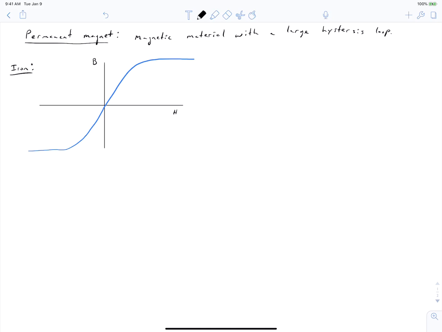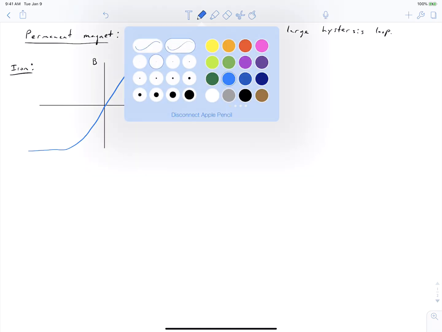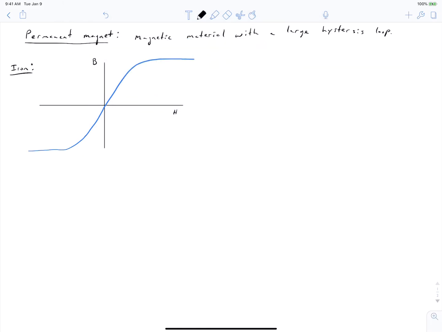In actuality, when we push our material to saturation, and then we come back down from saturation, we experience hysteresis. So that means that if we start off magnetizing our steel like this, and then we get way out here, and now we decide that we're going to back our steel down. We're going to apply H in the negative direction.